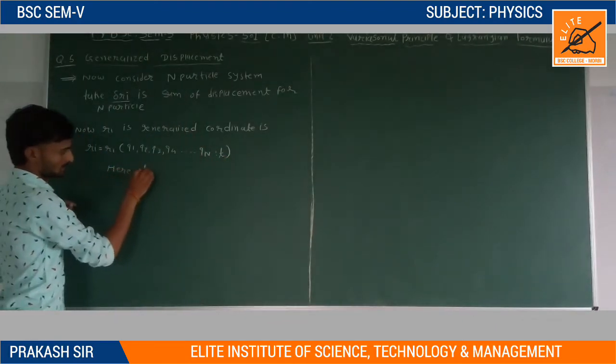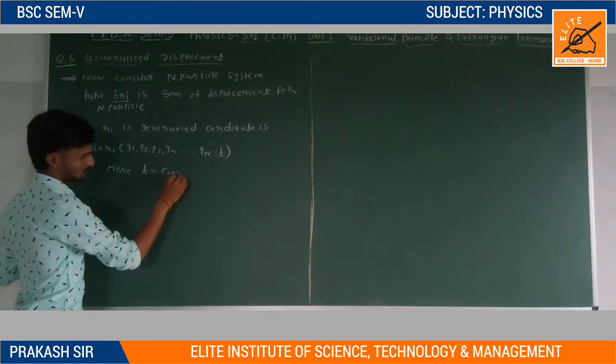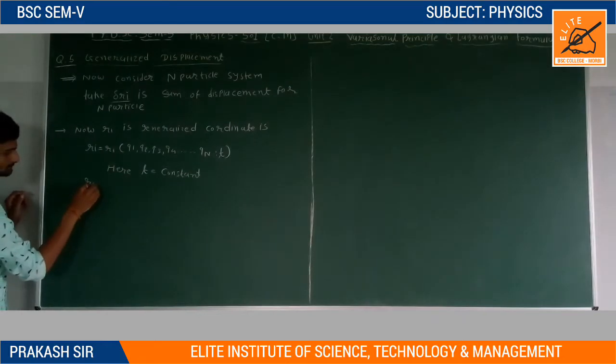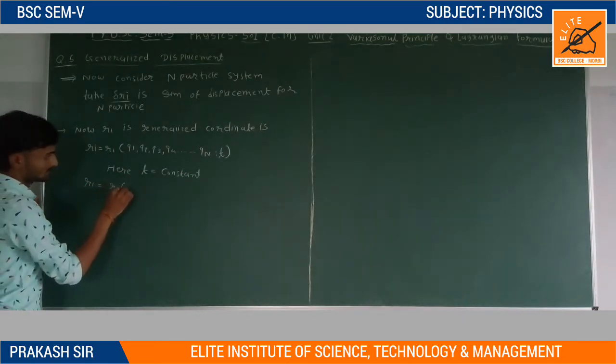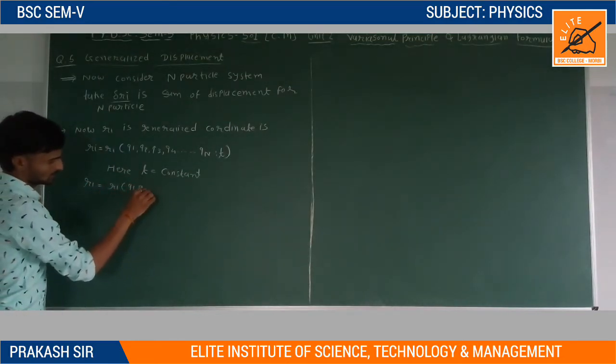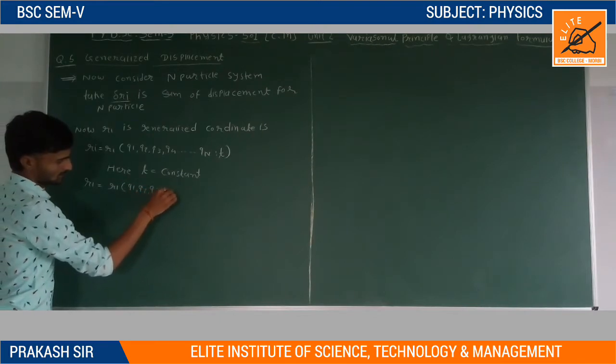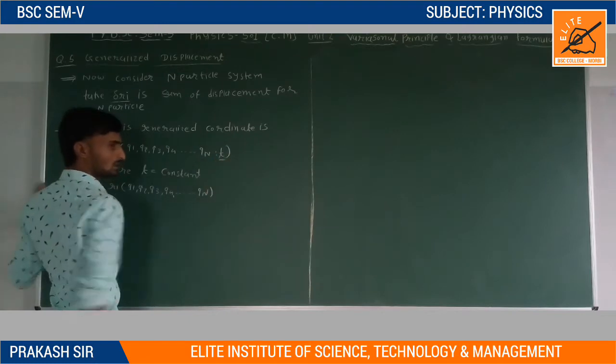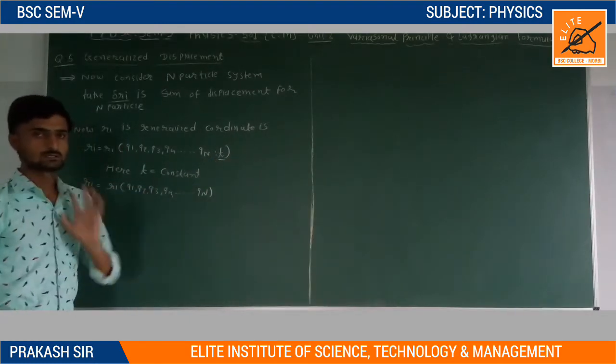Here T is a constant, so Ri is a function of Q1, Q2, Q3, Q4 up to Qn. Time is a constant, so its derivative is 0.